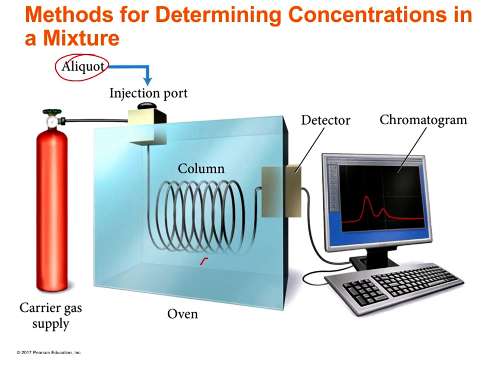And here we have a column, and this column is going to separate all of the different components. The different components are usually in their gaseous state as they're passing through the column, although sometimes you can pass things through their liquid state, there's also liquid chromatography.